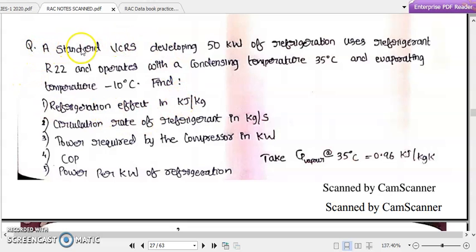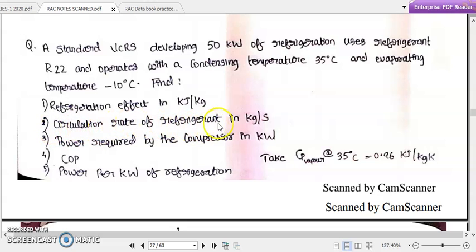A standard VCRS developing 50 kilowatt of refrigeration uses the refrigerant R22 and operates with a condensing temperature 35 degrees Celsius and an evaporating temperature minus 10 degrees Celsius. Find 1. Refrigeration effect in kilojoules per kilogram. 2.